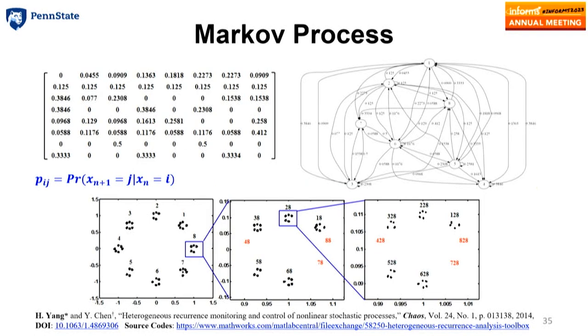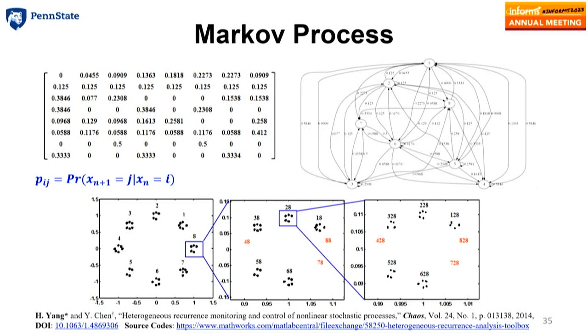You see here, this is a Markov process, and then we generate a series of data. Now let's see, we have 1, 2, 3, 4, and then region 8. If we zoom in on 8, we got 1 to 8, 2 to 8, 3 to 8, and we got another circular diagram. As you may see, this is self-similar behavior, and this also gives us a fractal view of the data.